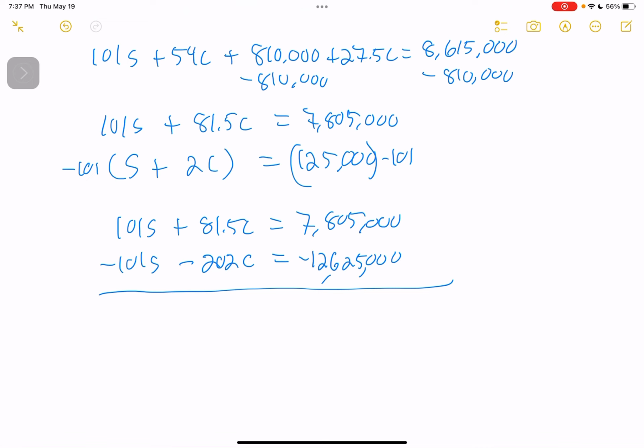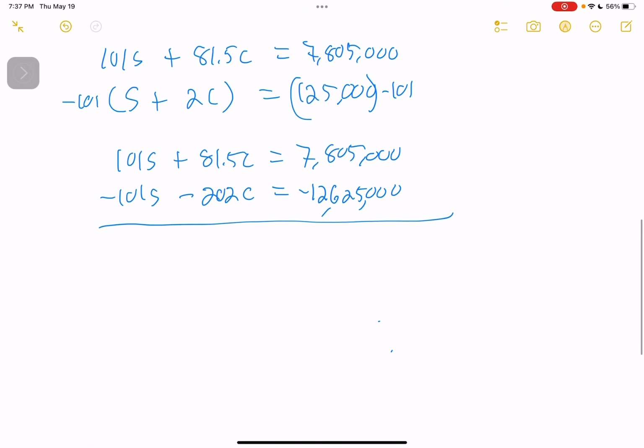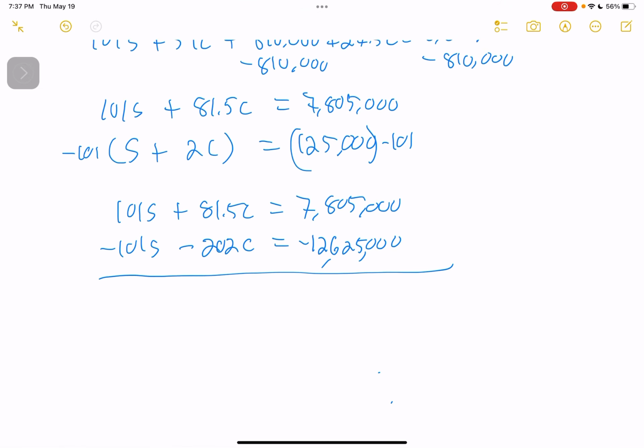Okay, so we know that the S's are going to go away. I was going to change colors, but whatever. So those are going to go away. That's 0. And then it's 81.5 minus 202. So 81.5 minus the 202 is going to be negative 120.5C equals, and then we have the negative 12,625,000.